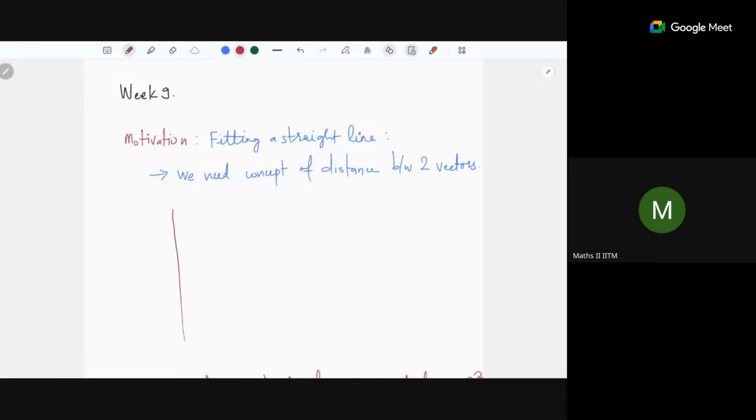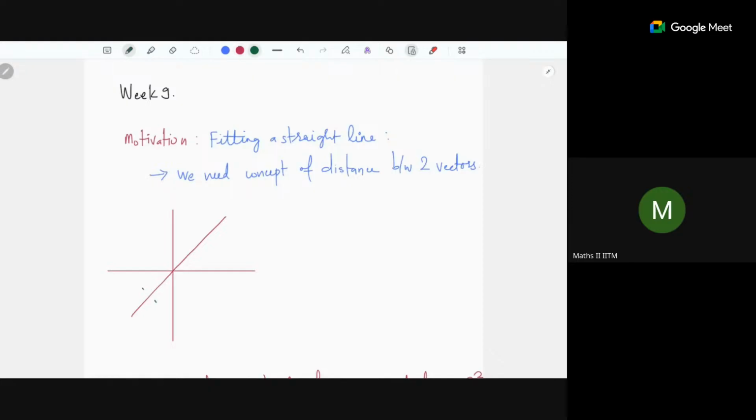So you can have data like this. These are the data points, and you can fit these points into a straight line. That is what you want to do.